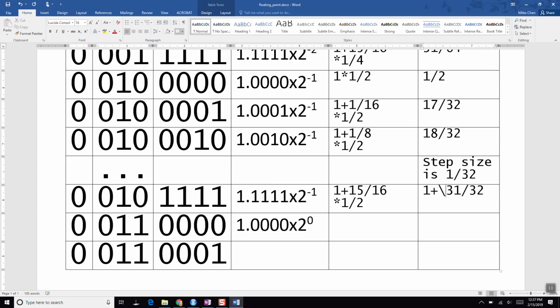Why am I having trouble here? 16 plus 15, so this is correct, right?